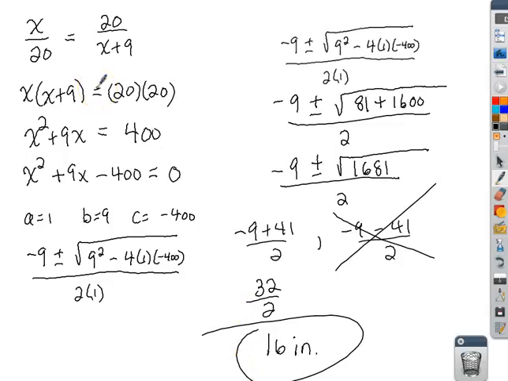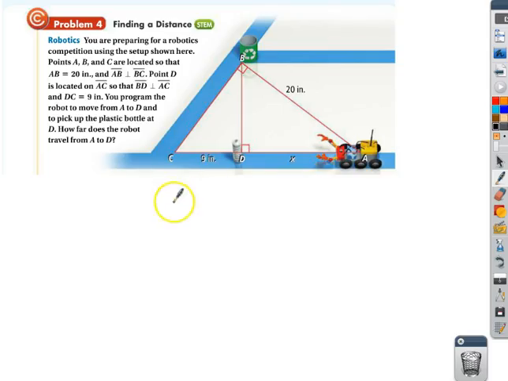So this is what I would call a complex problem with lots of room for mathematical error, but it is not a complicated problem. There's just a lot of moving parts to it. There's a lot of steps. So that makes our answer 16 inches.